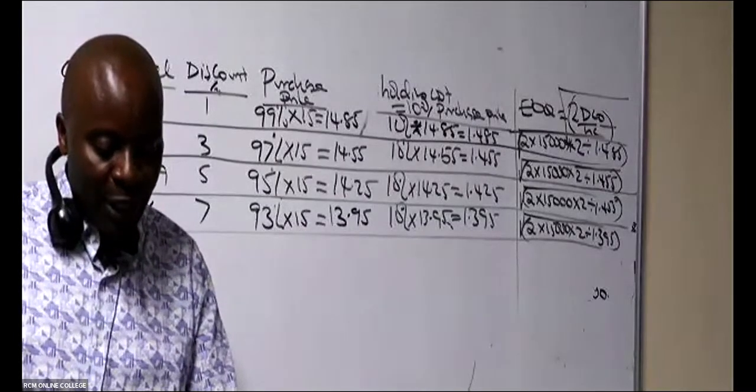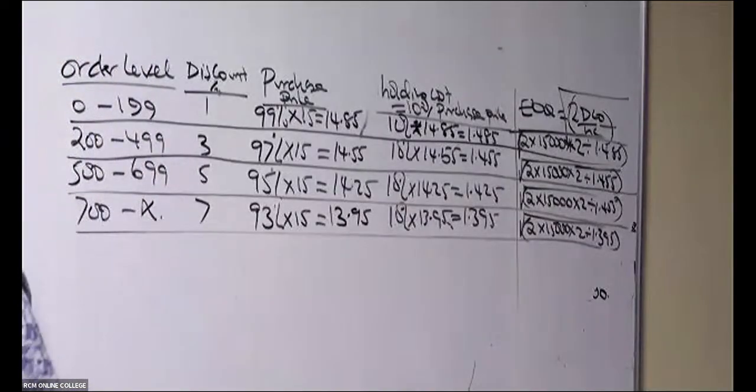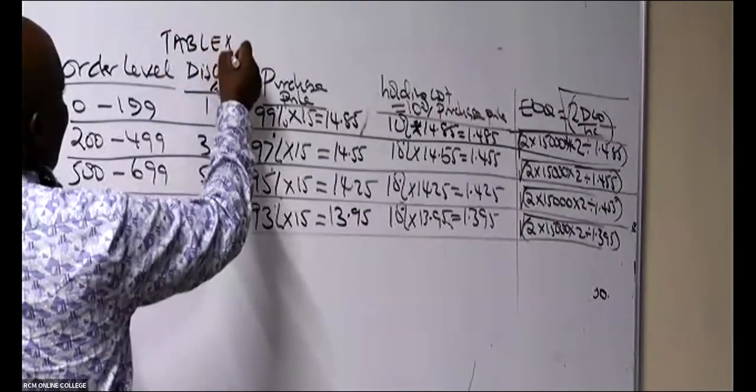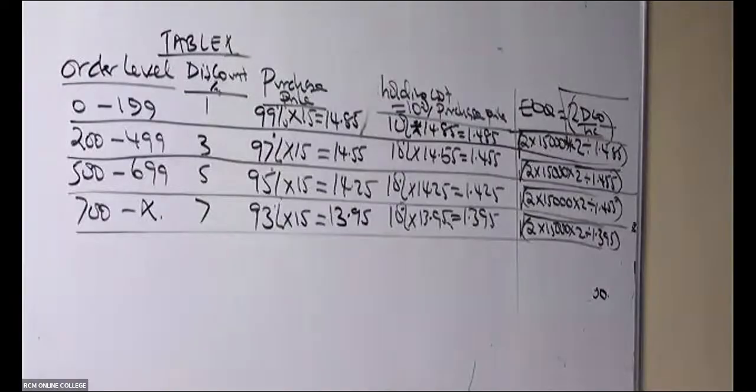Is there anybody who could be having answers? So this will be my table 1. And once you finish writing this table to the very end, please give me a signal. Tell me we are finished before I rub it.